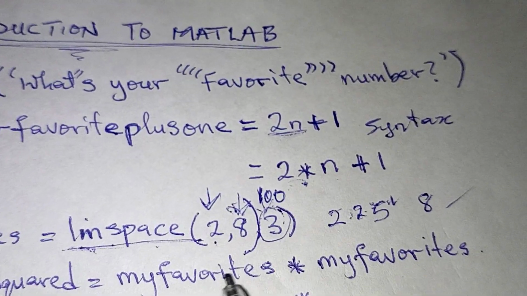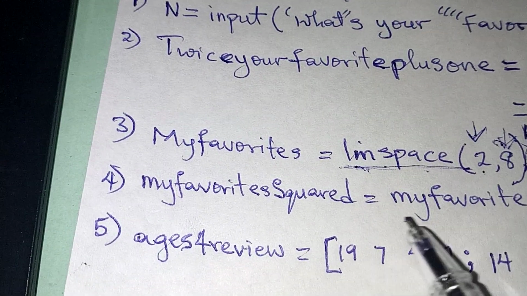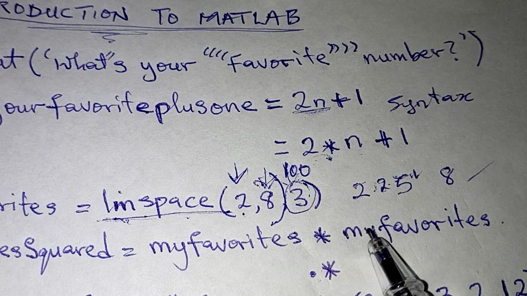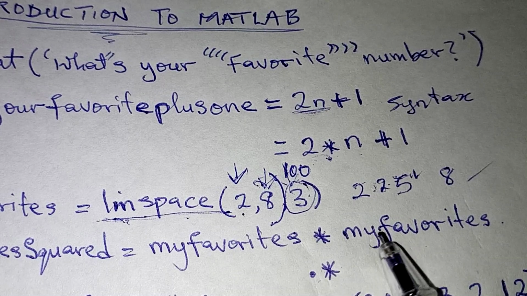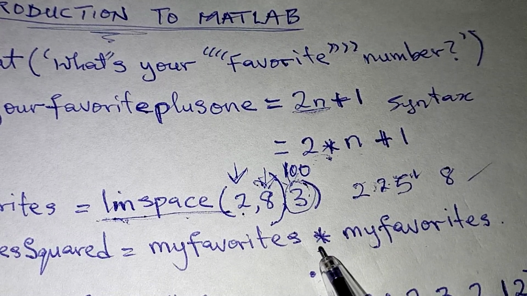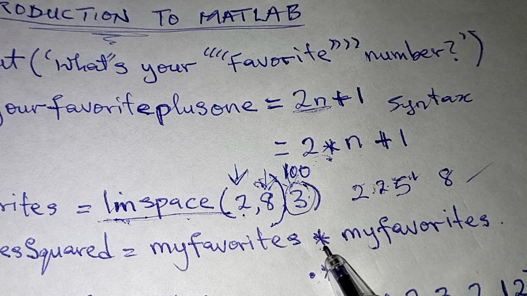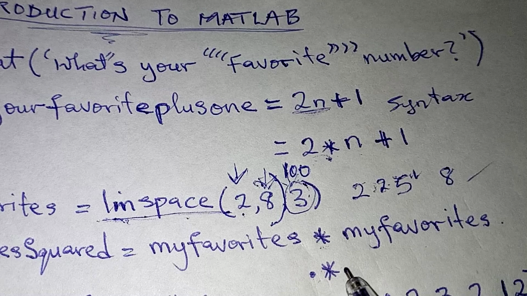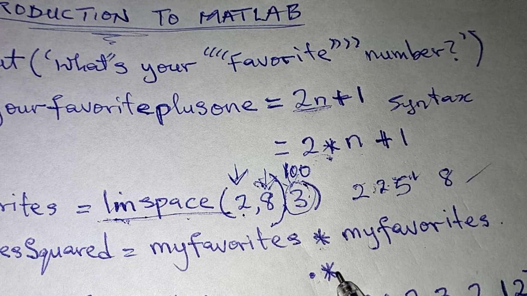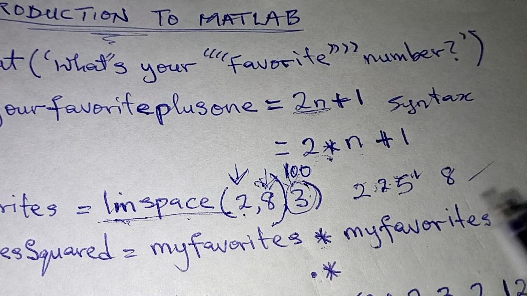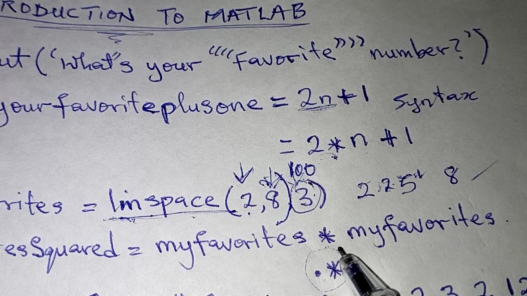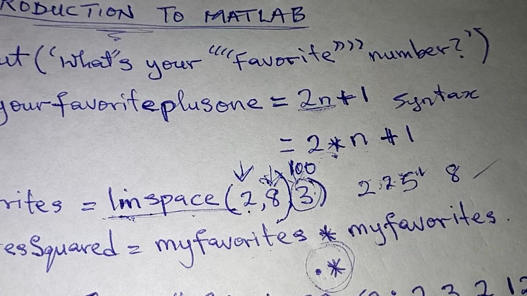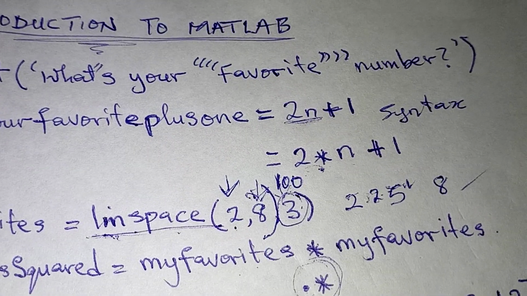So for this, my favorite squared, it simply means that because you are multiplying 2 different variables, it's not a digit, this multiplication will not work. You need to put dot star in order for it to work, because this dot star is usually used when you are multiplying variables like this, or when you want to multiply an array.